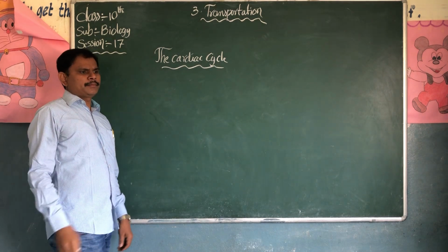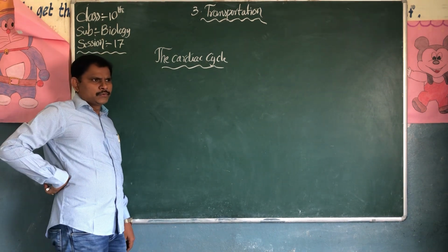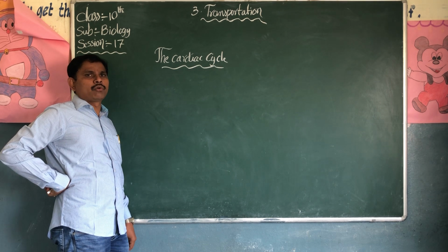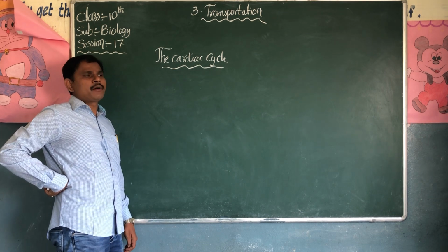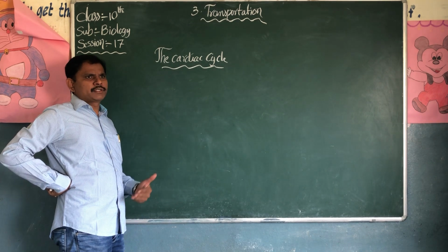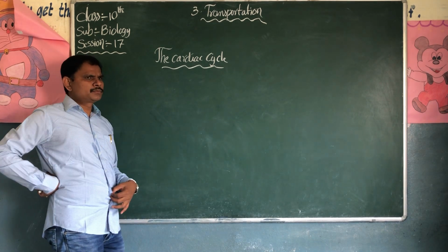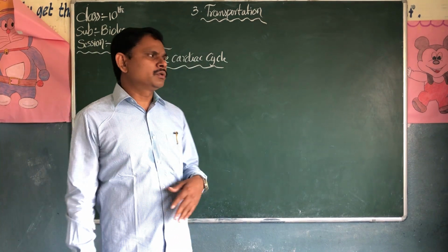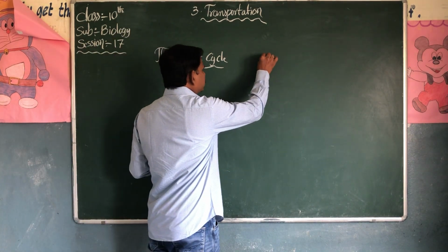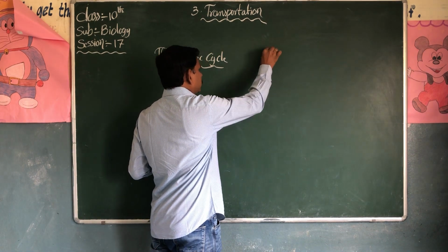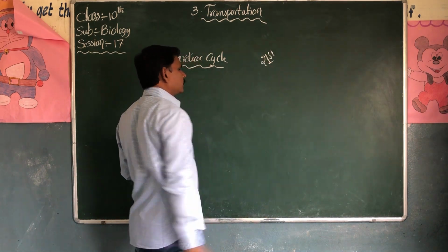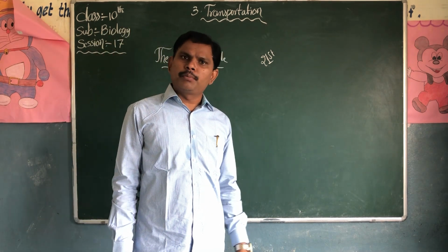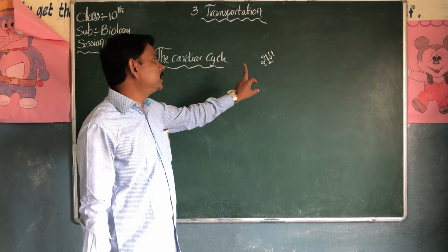So actually, when fertilization takes place in the female body, fusion of sperm and ovum, the zygote will form. The zygote will develop into an embryo. During the development of the embryo, on the 21st day, the heartbeat will start.